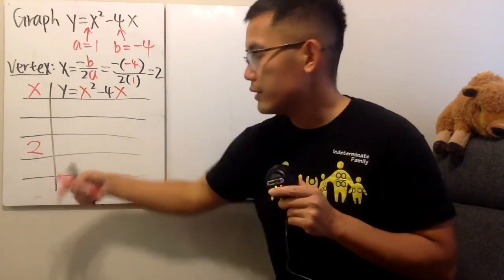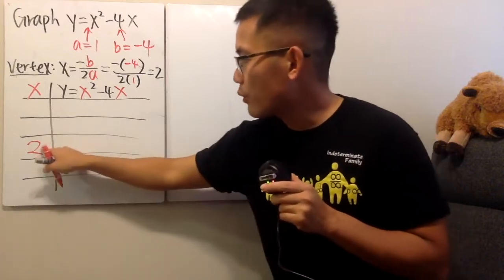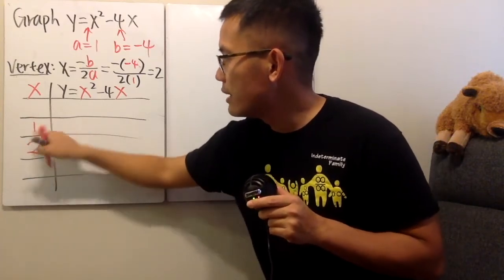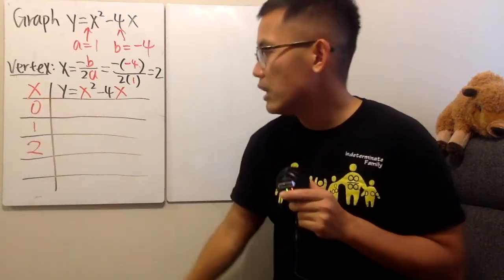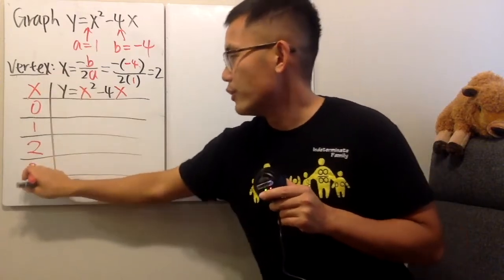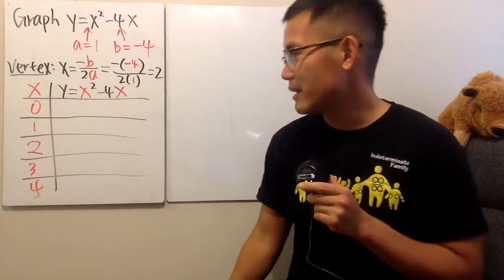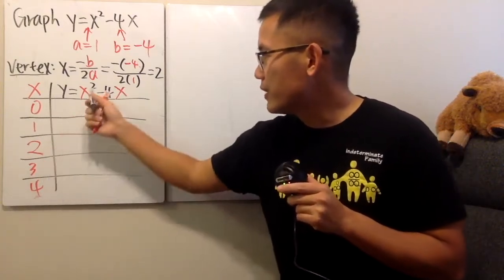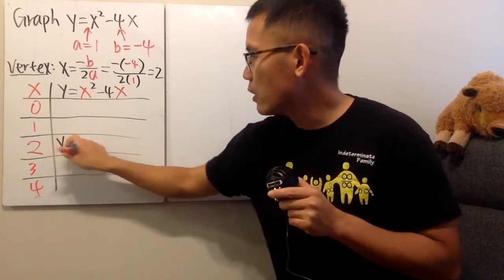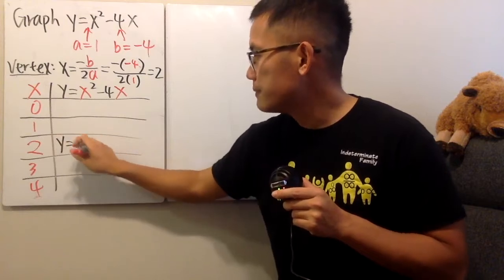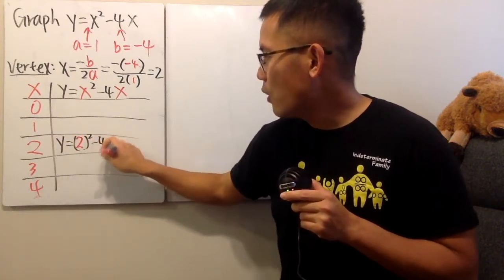So you can go down and you can also go up. Of course you can go down, which is going to be 1, and then 0, and then you have 0, 1, 2, 3, 4, just like that. Then again, just go ahead and plug in numbers. Plug in 2 here first. So we get y equals 2 squared minus 4 times 2.